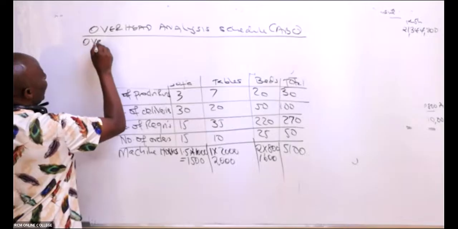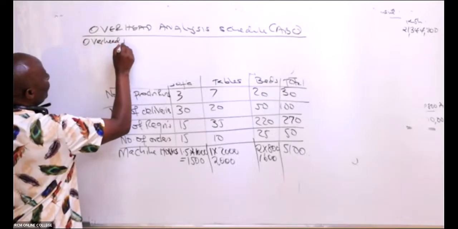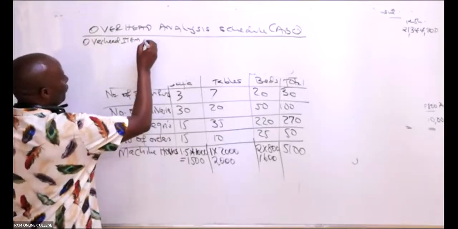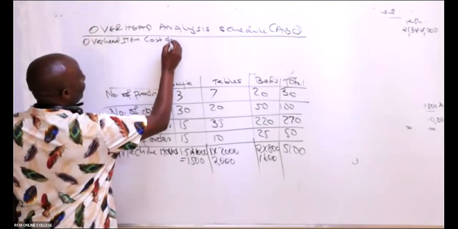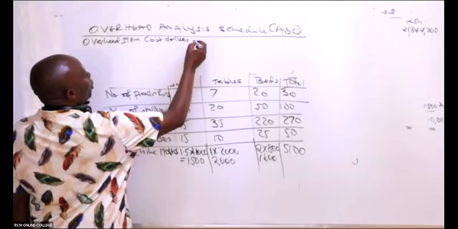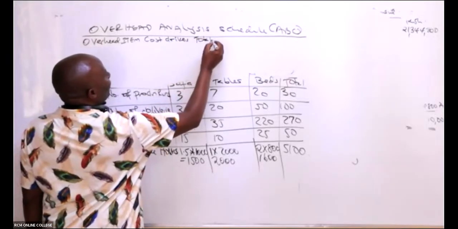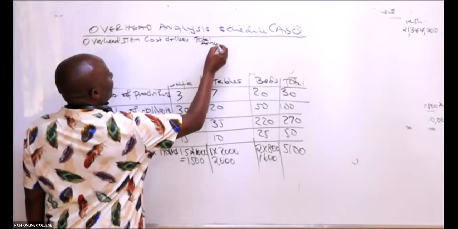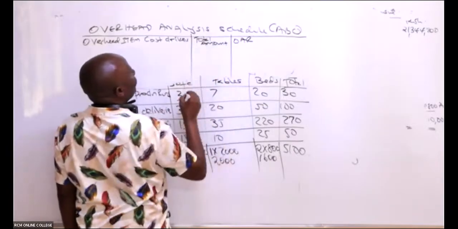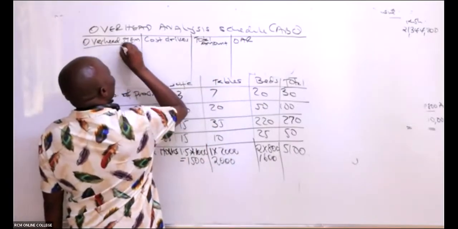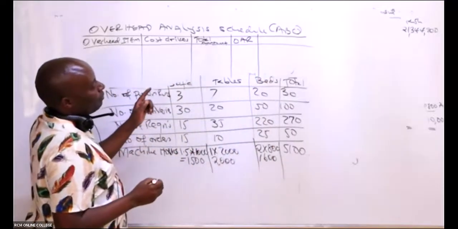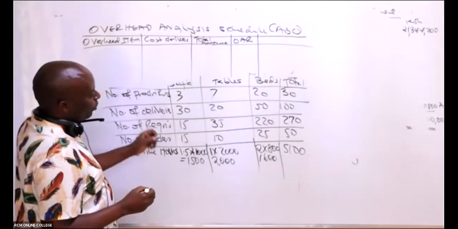You have the overhead item. You have the cost driver. Then you have the total amount. Then you have OAR. Then now you have your overhead being spread to the products.